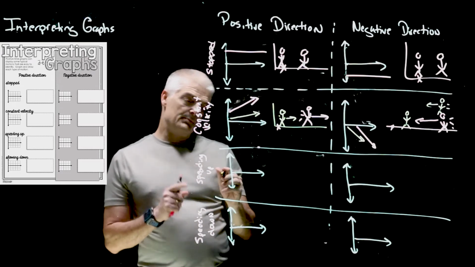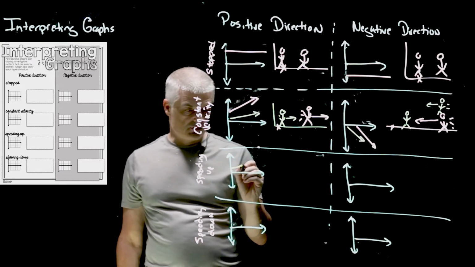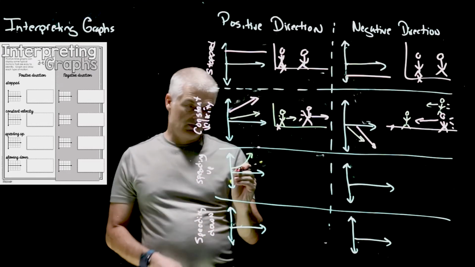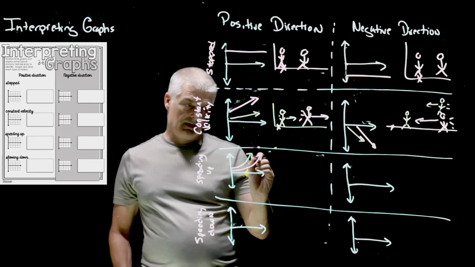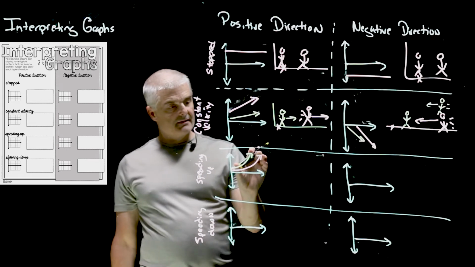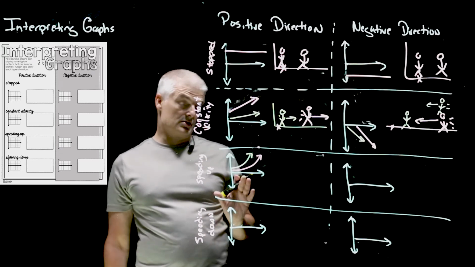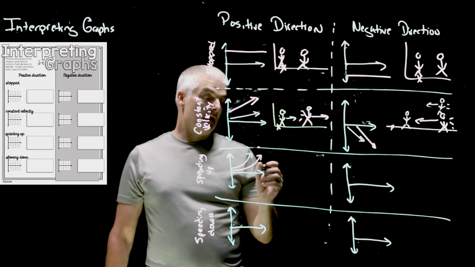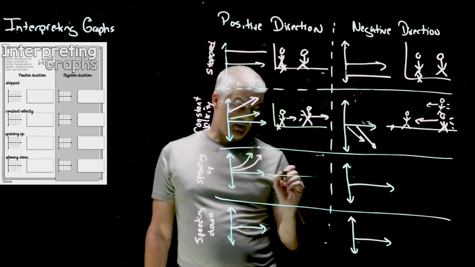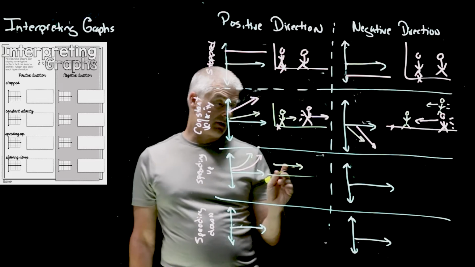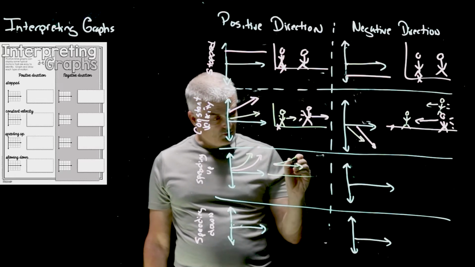Now, speeding up is interesting. Let's draw a couple of graphs. It could be like this, or it could be like that. And here you can't get a specific slope because the slope changes. That's what this whole business is about. In this case, our cat would be moving in this direction at an increasing speed.